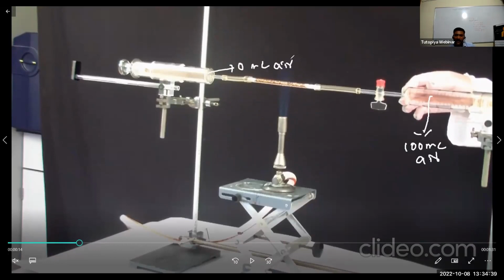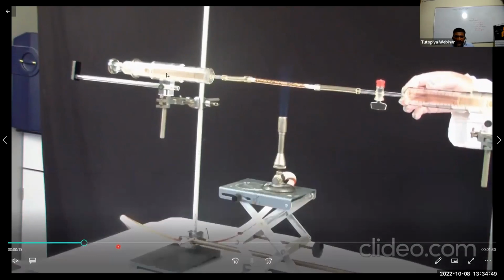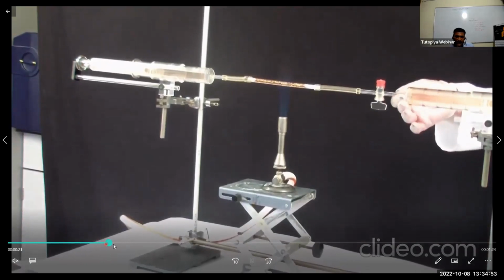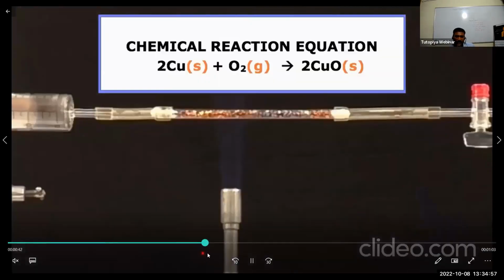Okay, and now what happens as you pull and push this piston across this tube? You can see as you press, the syringe is going outside here, and then again pull it. I'll just fast forward it. You do it for some time until the entire copper becomes copper oxide.